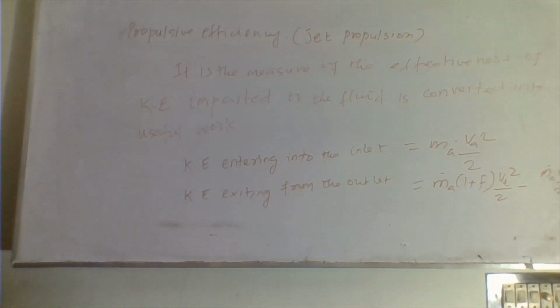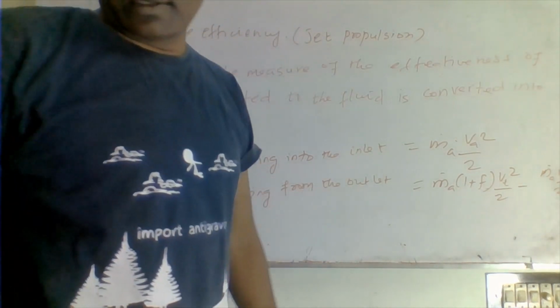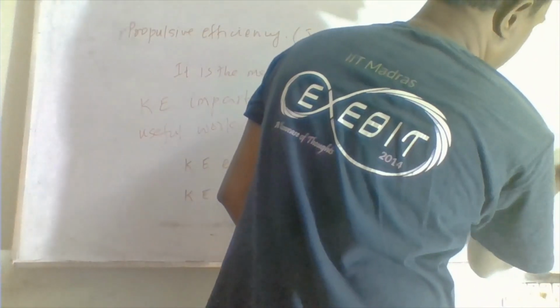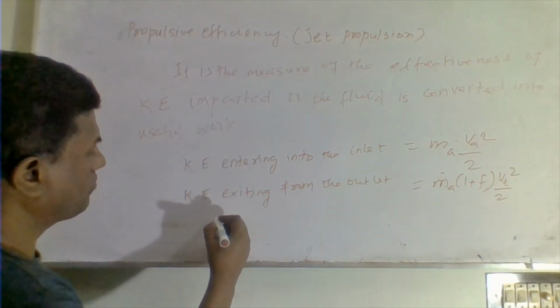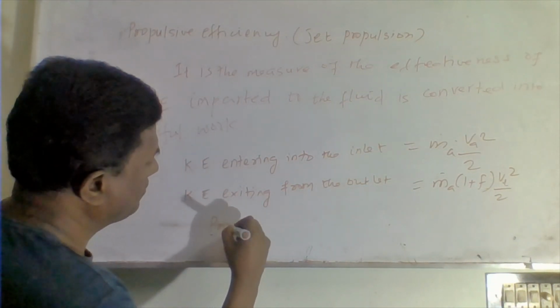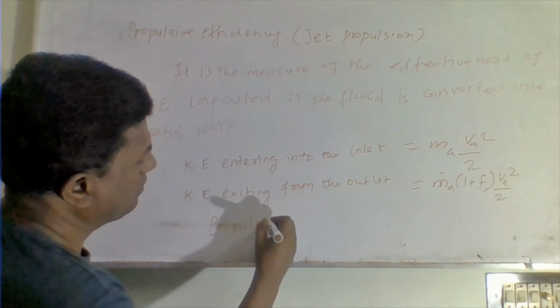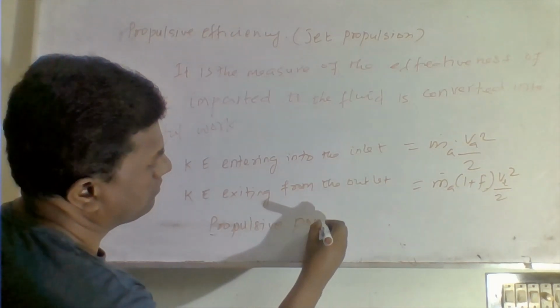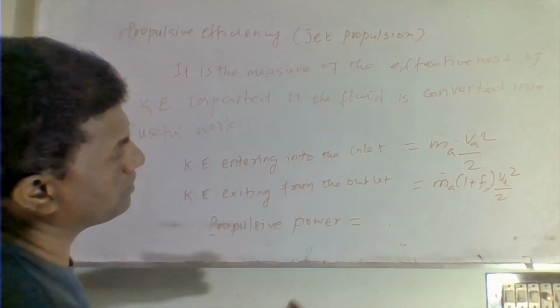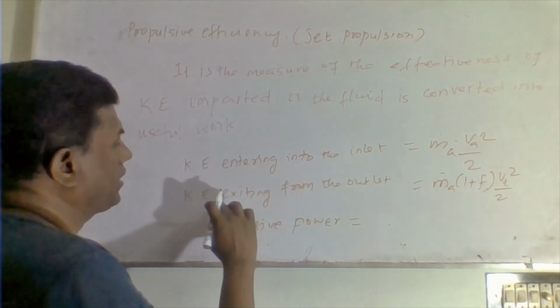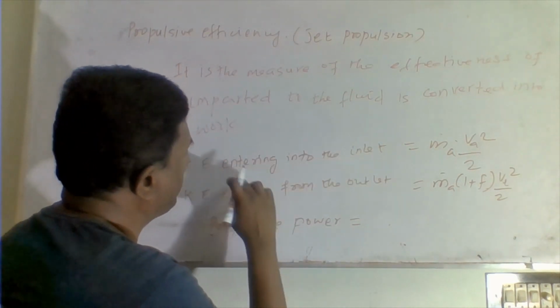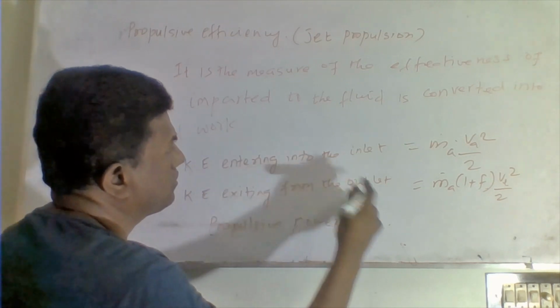So our propulsive power is nothing but the kinetic energy exiting from the outlet minus the kinetic energy entering into the inlet.